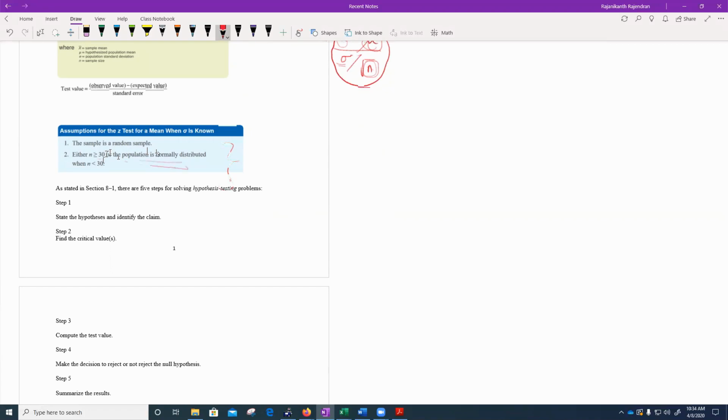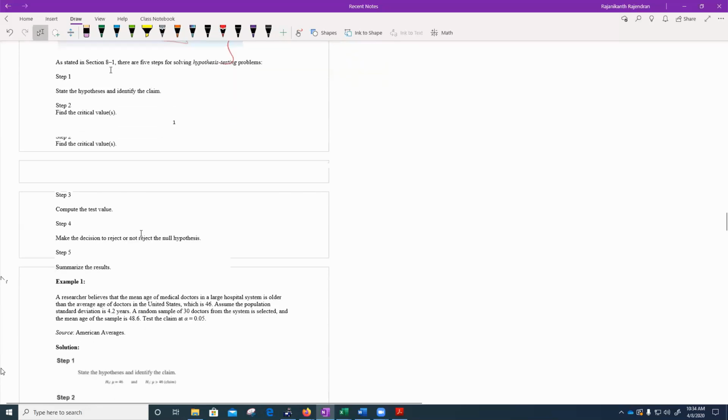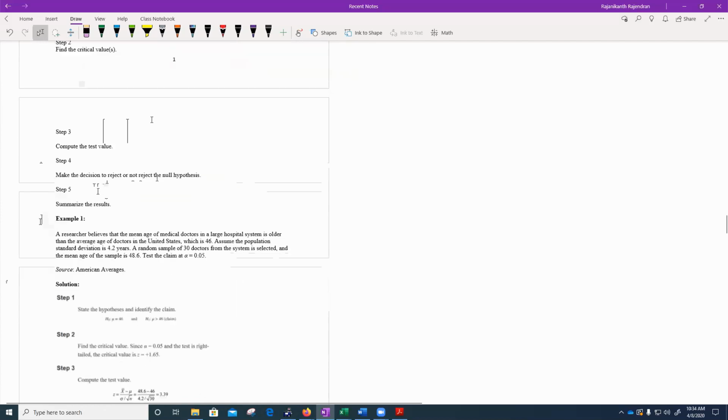Either one should be satisfied. But throughout these hypothesis testing problems, we assume that these two conditions are satisfied. Okay, now these are the steps. Again, we are recalling. Step one: write the hypotheses, find the critical values, then compute your test value, then make the decision about your H naught, whether to reject or not, then summarize your results.